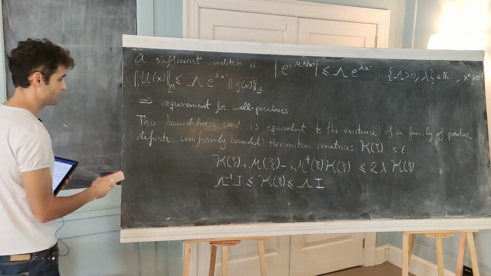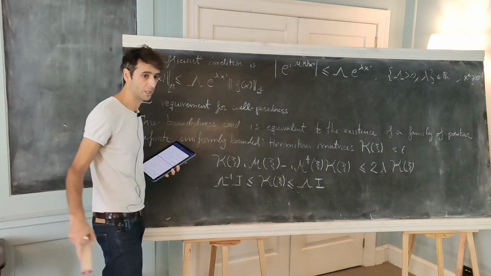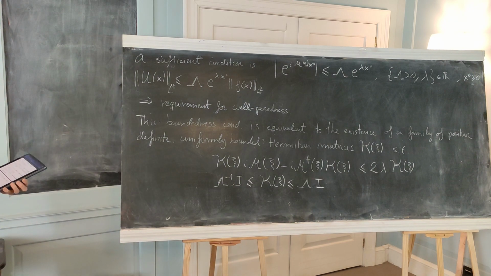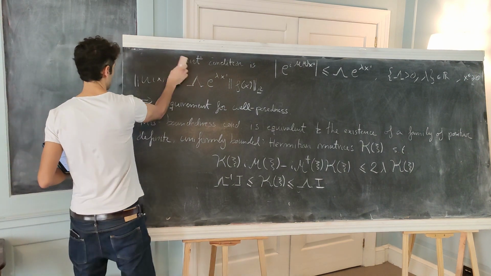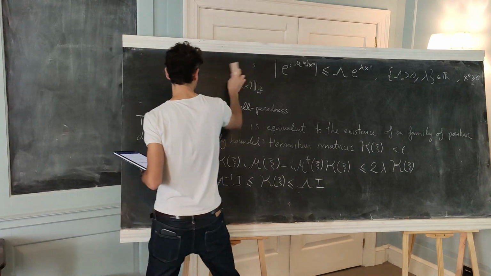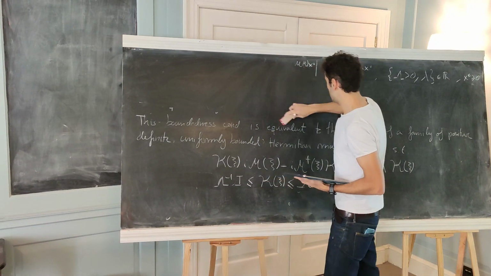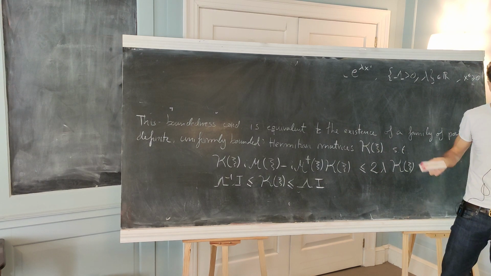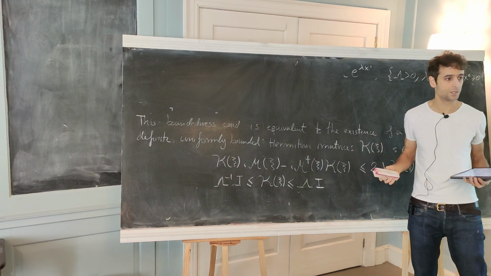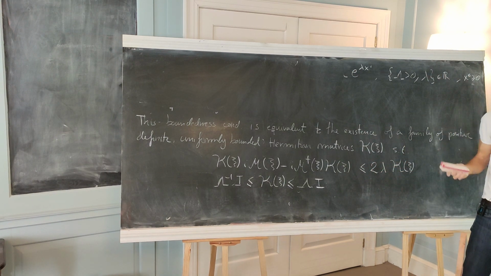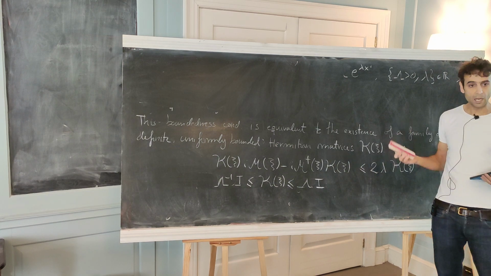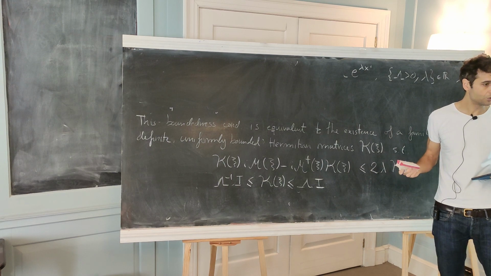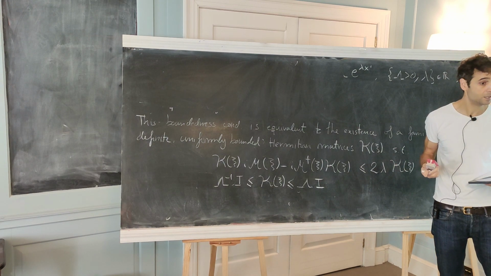These matrices curly K are called symmetrizers. What this allows you to do is to define an inner product, and with this inner product you can bound the solution. The whole point of well-posedness is that it gives you a bound on the growth of the solution in terms of the initial data, and you don't want the solution to grow too fast.